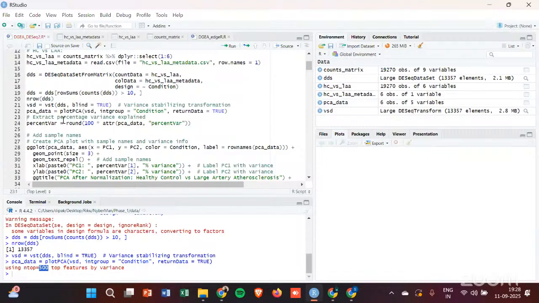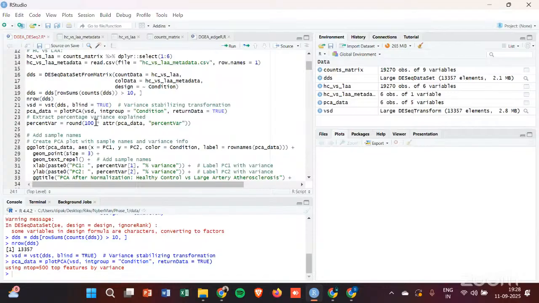Now we have to extract the percentage variance explained, because we want to show it on the plot as well. For that, I have written this line. We can do it directly from the PCA data. The percentage variance explained is between 0 and 1, so it will be like 0.12 or 0.13.